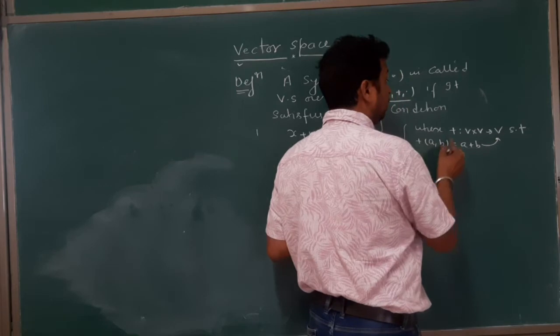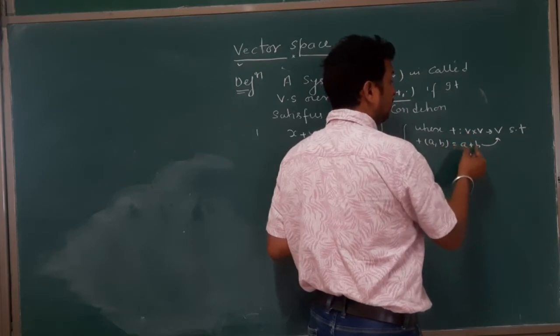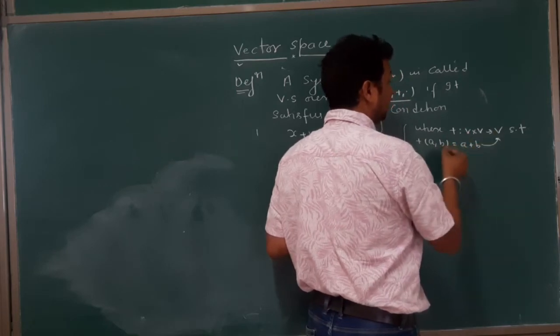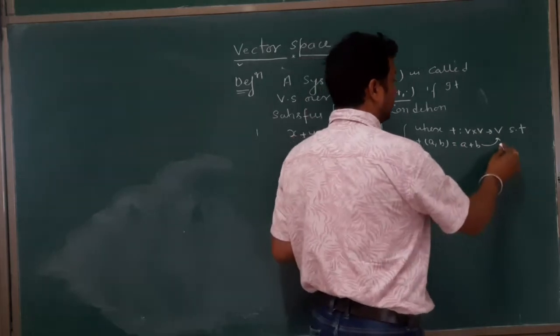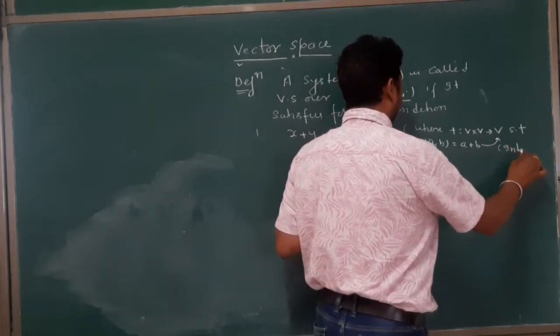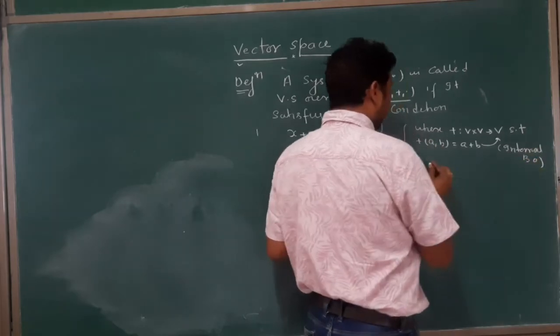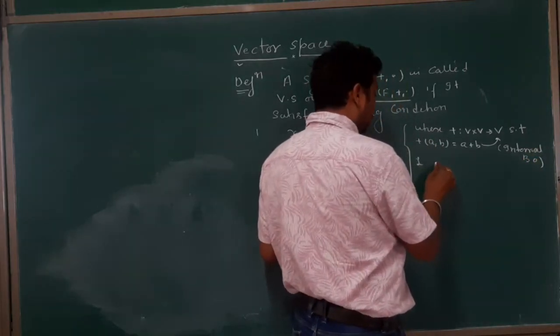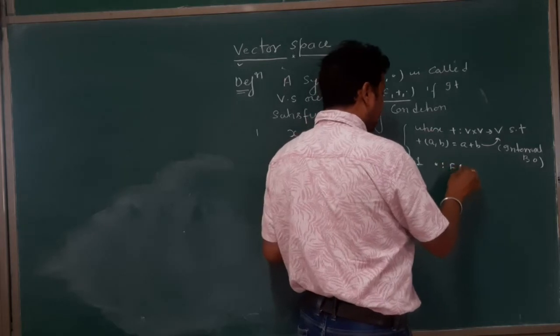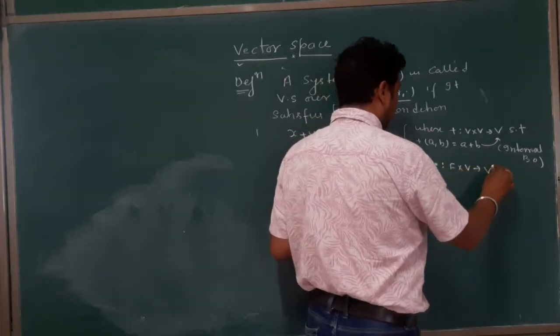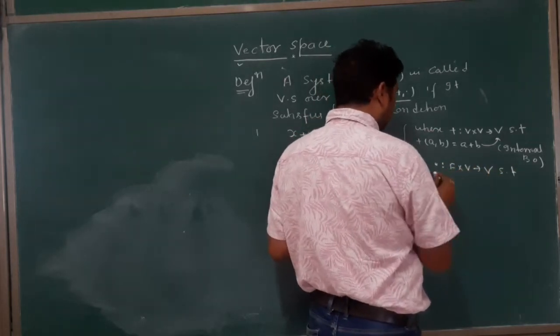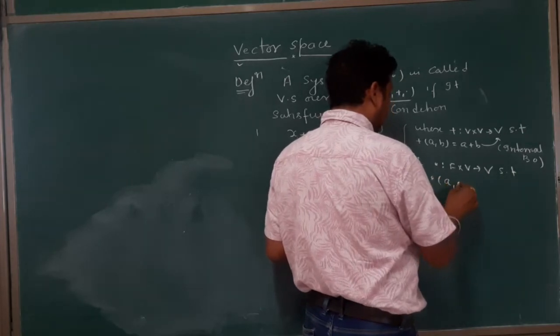If A and B belong to V, then the addition of these two also belongs to V. This is called an internal binary operation.